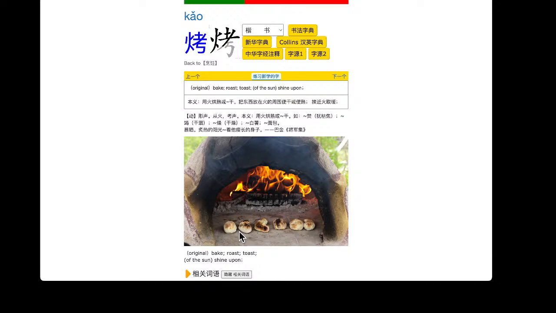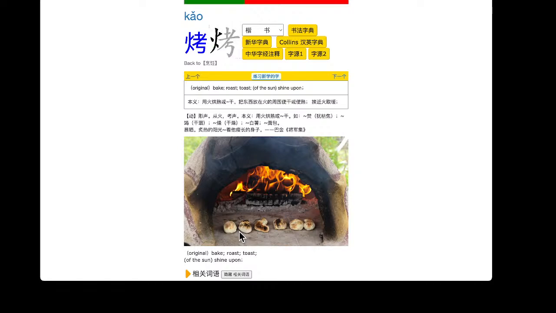Now 烤 and bake, the difference, I think. I think bake particularly means low heat, slow cooking.